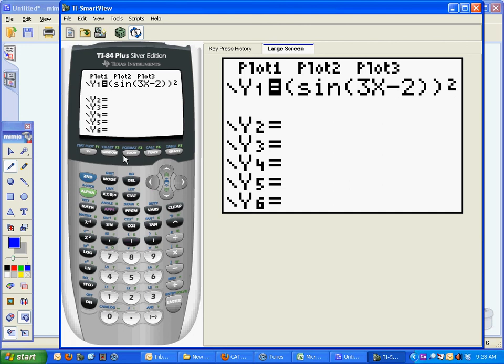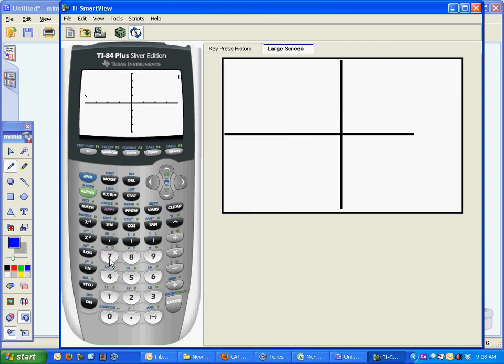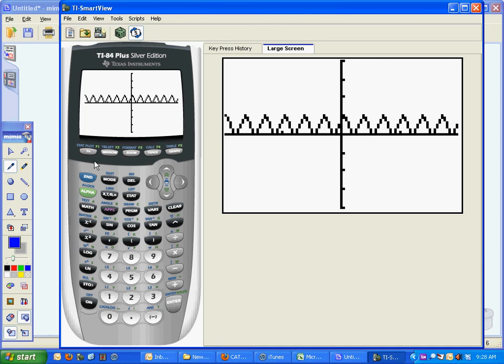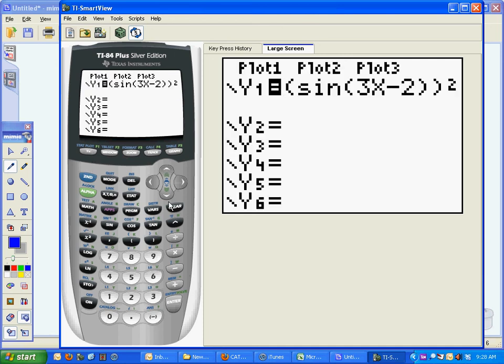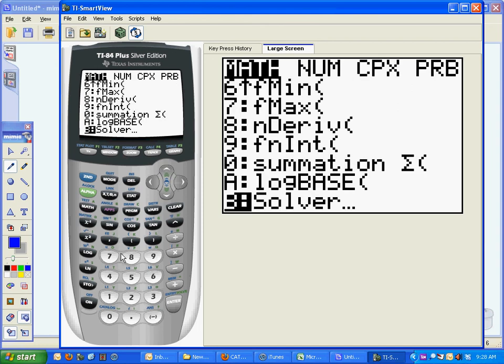Alright, and so we can graph that. I'm going to do a zoom trig since it's a trig function. And it looks something like that. Okay, great. Now we can have the calculator do the derivative function for us by doing math. Number 8 is n-deriv.